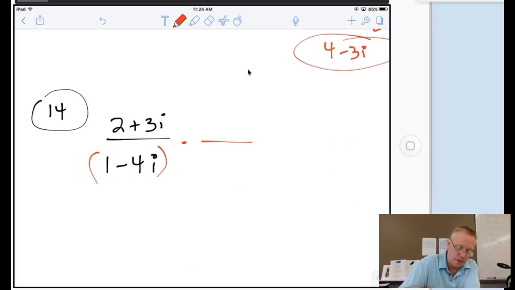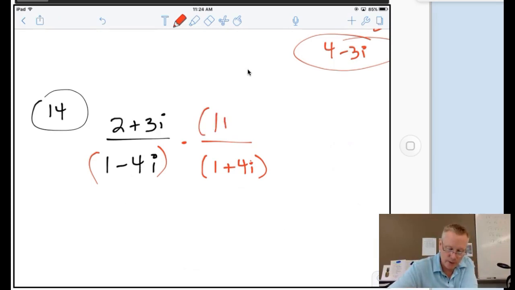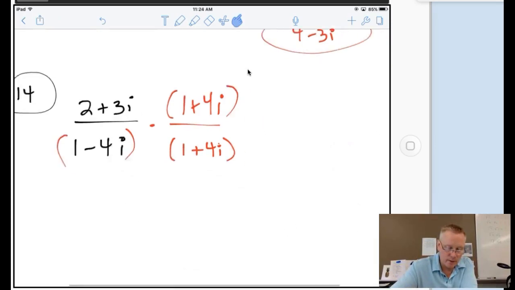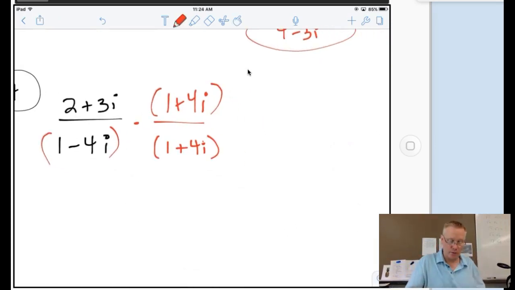So whatever's here, do the same thing, but make it the opposite sign in the middle. In this case, I have 1 minus, so I want 1 plus 4i. And you can't just multiply the bottom by that. You have to do top and bottom. So I'm going to multiply top and bottom by 1 plus 4i.